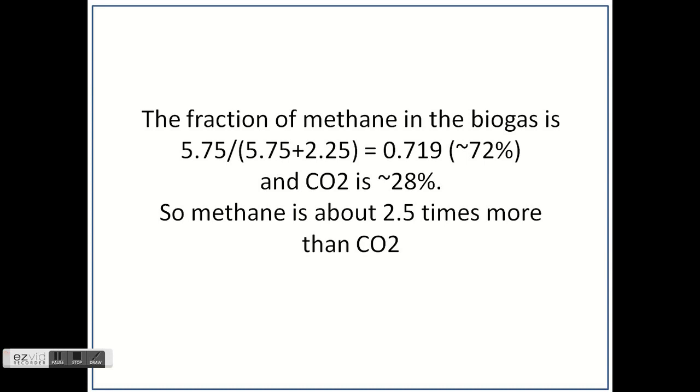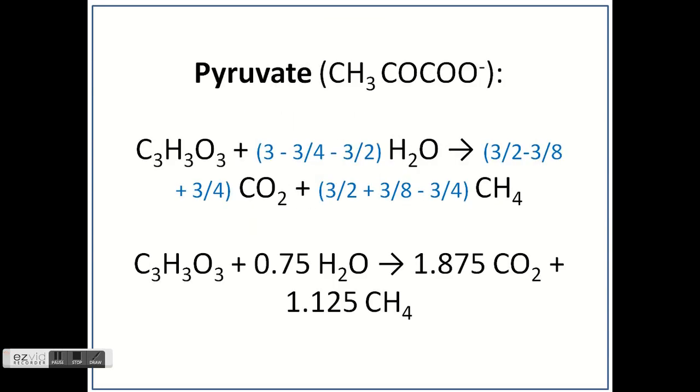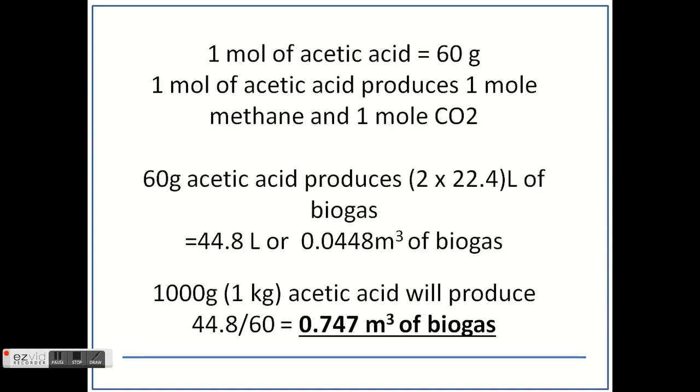So one of the reasons why this lipid produces more methane than carbon dioxide, this high level of methane, is because it's less oxygenated. It has less oxygen. If we look at the other feedstocks, pyruvate, the mass of oxygen is more than the mass of carbon.